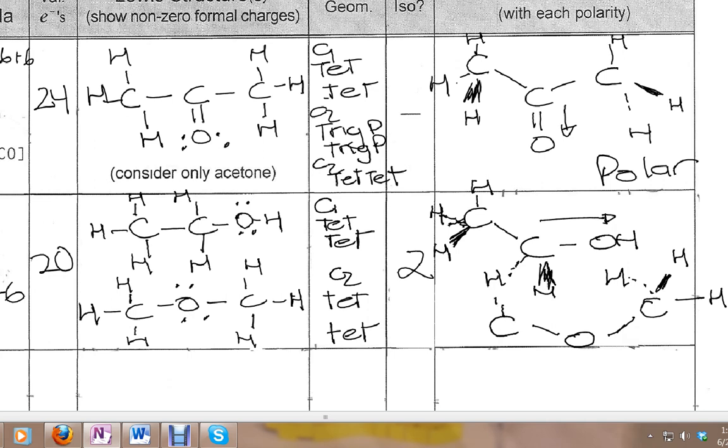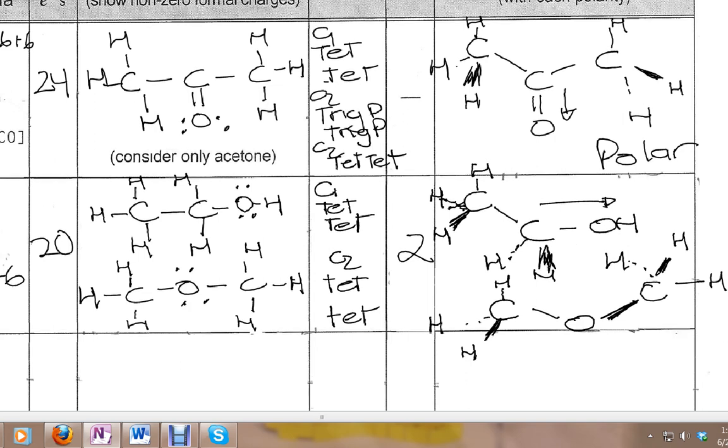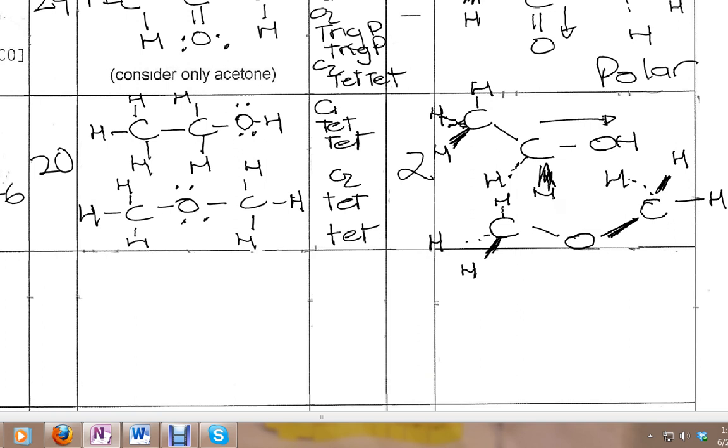So you got the hydrogen up here, and you got one over here, and the other one back. You see? Remember, they're going to try to find a position in which they're going to be more apart from each other to minimize the repulsion. Now here, is it polar? Yes, because it's going this way and this way. So the resulting dipole would be this, the net dipole, net mu.